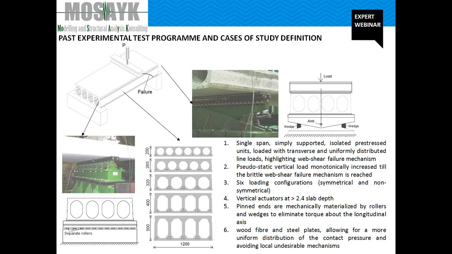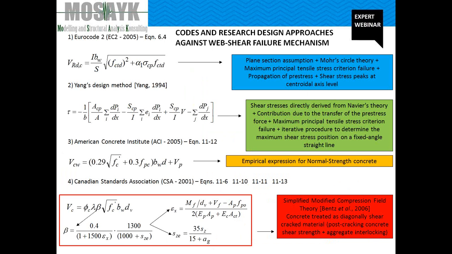We observed 49 specimens that were characterized by 6 nominal slab depths, 5 hollow core shapes with circular and non-circular voids and different void ratios, and several pre-stressed steel strand arrangements and levels of initial pre-stress.